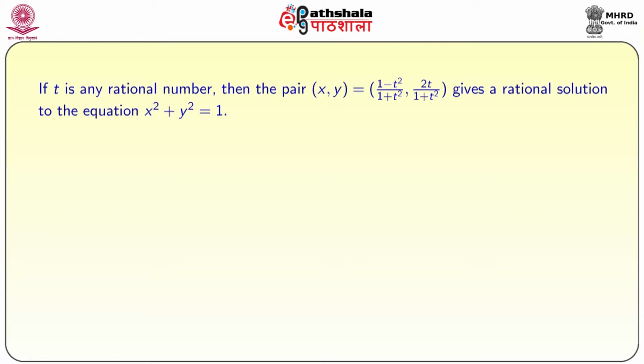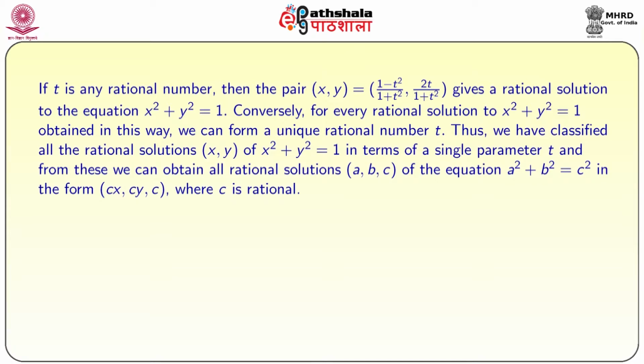If t is any rational number, then the pair x, y equal to (1 minus t square) by (1 plus t square), 2t by (1 plus t square) gives a rational solution to x square plus y square equal to 1.